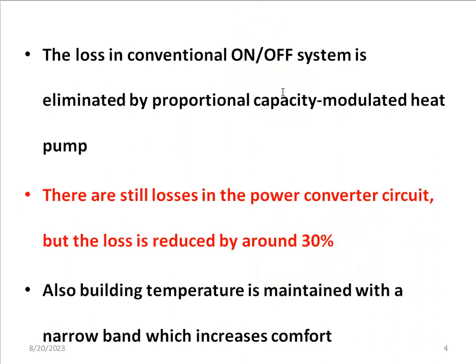This is one advantage. It reduces the wastage of energy, and it makes the building very comfortable because it senses the temperature and controls the speed of the compressor so that the temperature can be maintained within a very narrow band, that is, within a suitable limit.